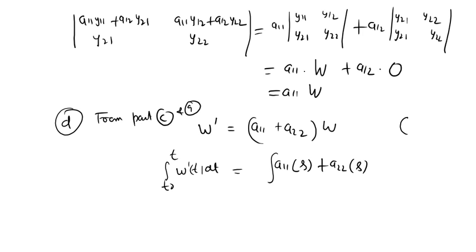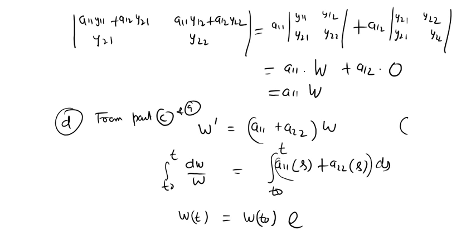So separate the variables. On the left hand side just write dW by W, and on the right hand side ds from t0 to t. The integral will be log, so W(t) will be W(t0) times exponential of the integral from t0 to t of a11 plus a22. This is the final expression for the Wronskian on integrating both sides.